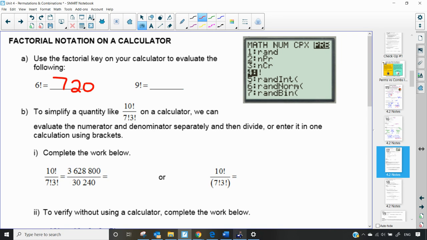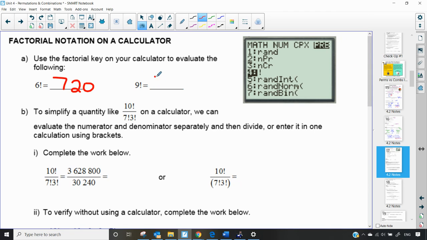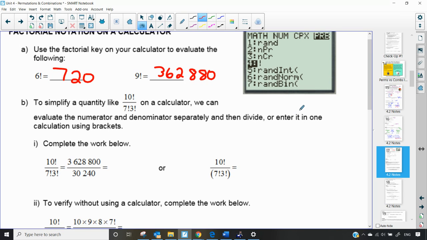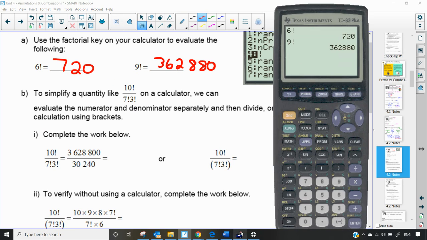If I want to do 9 factorial, same thing. I'm going to type the 9, math, arrow to the right, 4 for 9 factorial is going to give me 362,880. All right, so if I want to figure out what 10 factorial over 7 factorial 3 factorial is, I can do that in one of two ways.